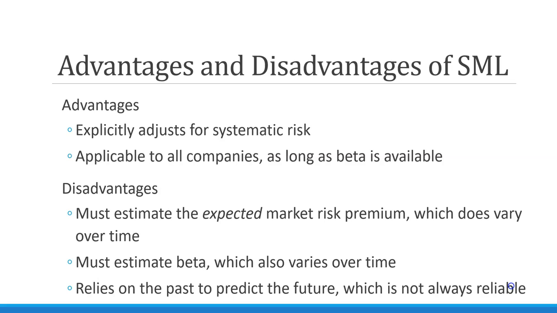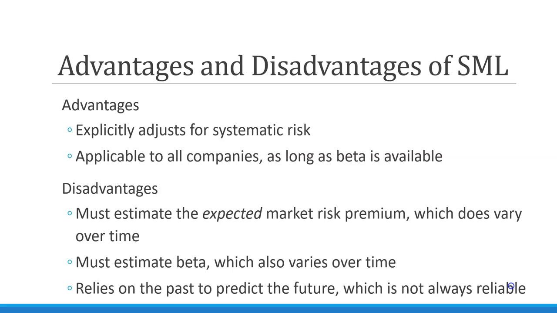For example, in the last slide, we were using 7% as the market rate, and that 7% market rate is based on a portfolio of a handful of stocks over a 92-year period. If we had picked different stocks or a different time period, we would have a different expected market risk.